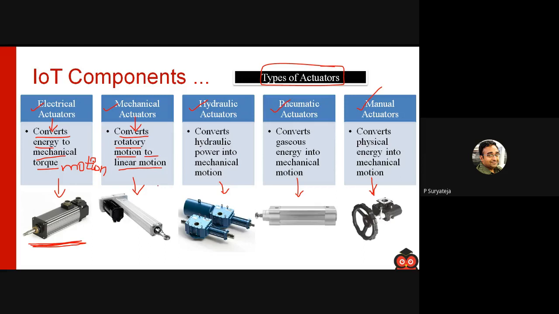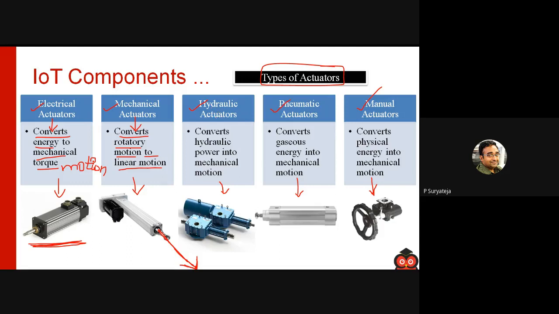Okay, so the rotatory motion, let's say some gear wheel is rotating, that will be the input, and the output will be linear motion. Let's say this rod is moving forward. Okay, this is linear motion, right? Okay.